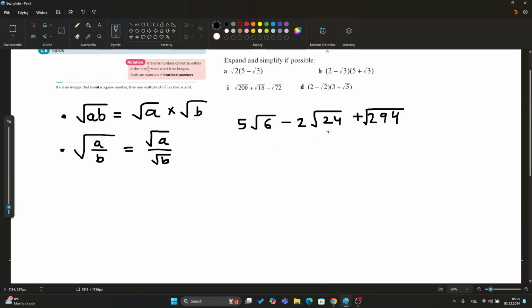So we can simply see from here that this square root can be 4 times 6, which will give us a square root of 6. So that will be 5 root 6 minus 2 square root of 4 times 6. And here we have some number multiplied by 6.